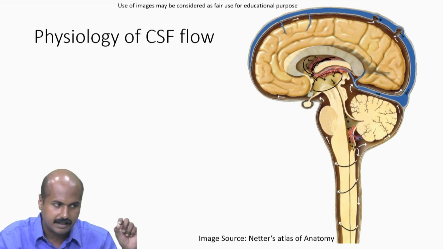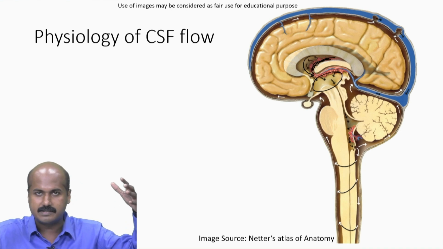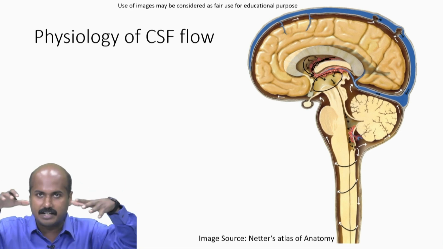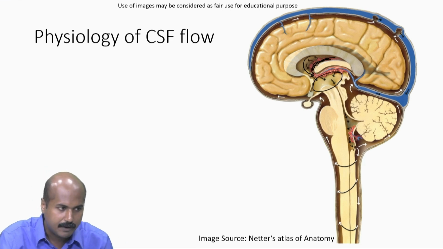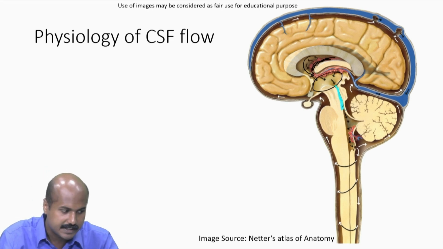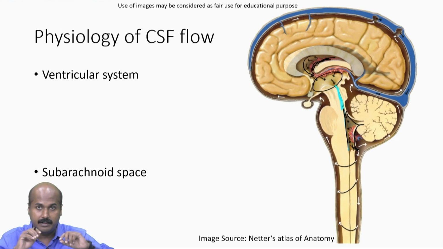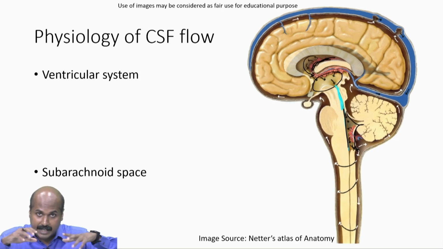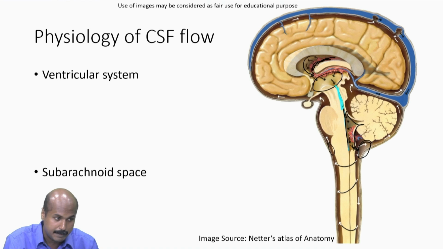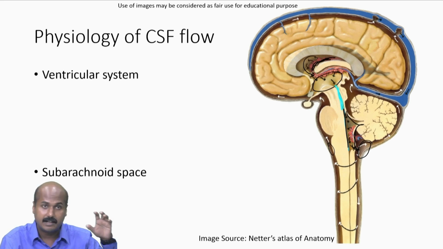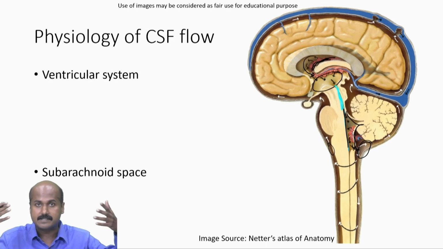From the third ventricle it will communicate through the aqueductus sylvius into the fourth ventricle. From the fourth ventricle, the CSF will drain into the subarachnoid cisterns, and thus into the subarachnoid space.